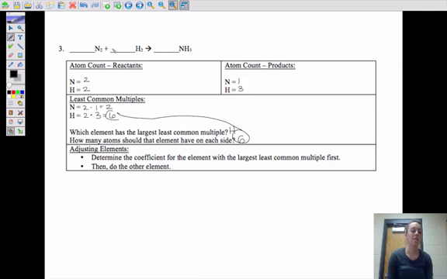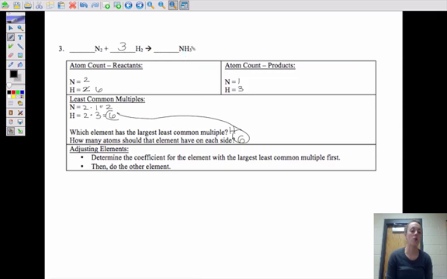If we look at this particular hydrogen molecule, we'll see that 1 molecule of this has 2 hydrogen atoms. So in order to get to 6, I would need 3 molecules of H2, because 3 times 2 is 6. On this side, we have 1 N connected to 3 H's.